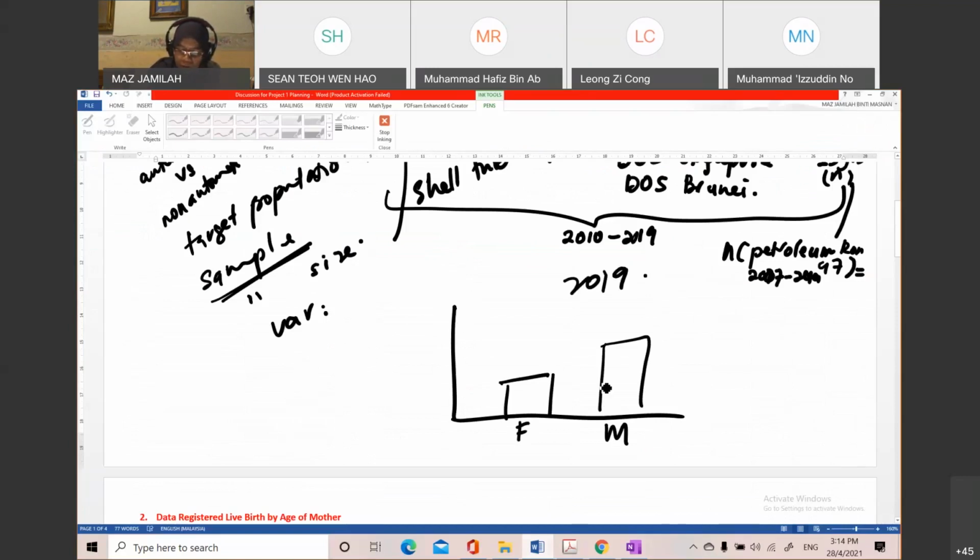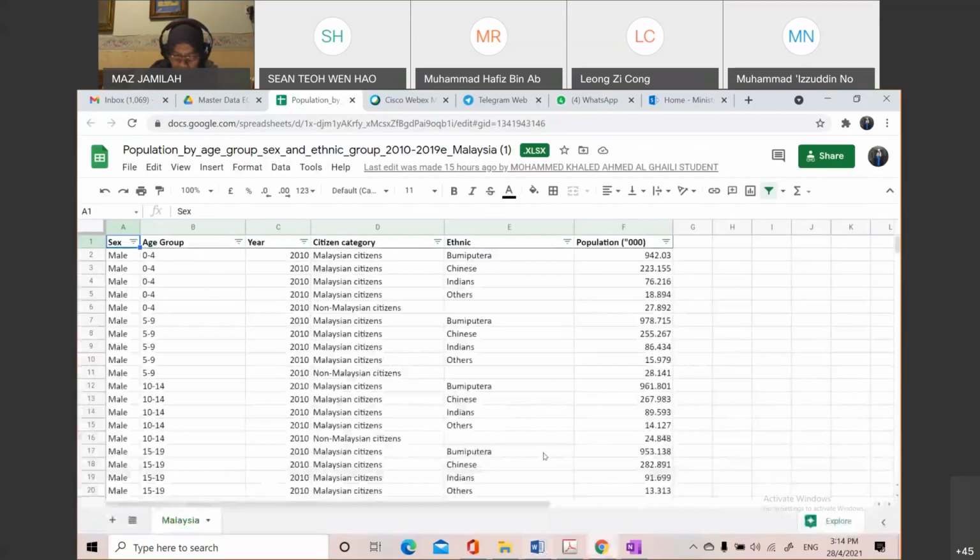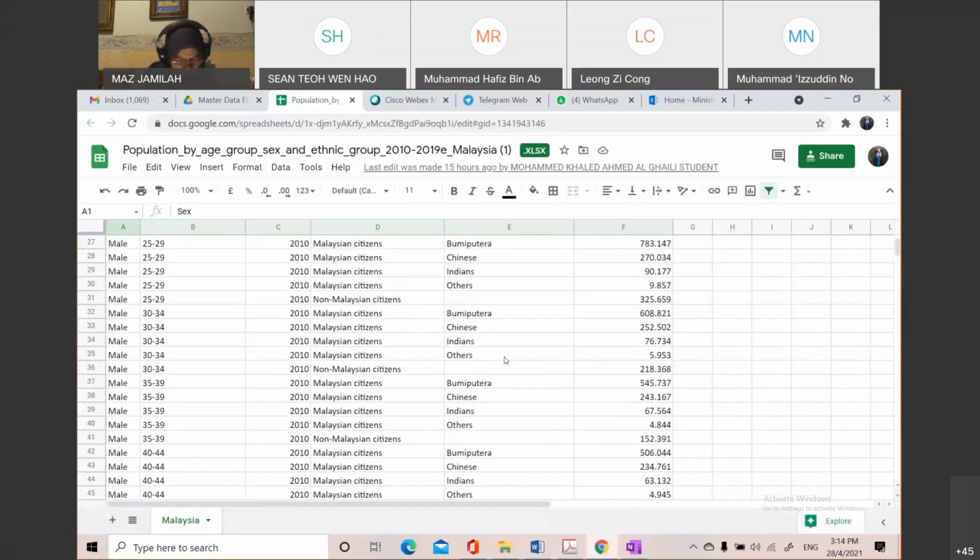If you want to cross male and female with what? Frequency only? What I want to investigate is about the health condition of the natural sex ratio. Natural sex ratio.